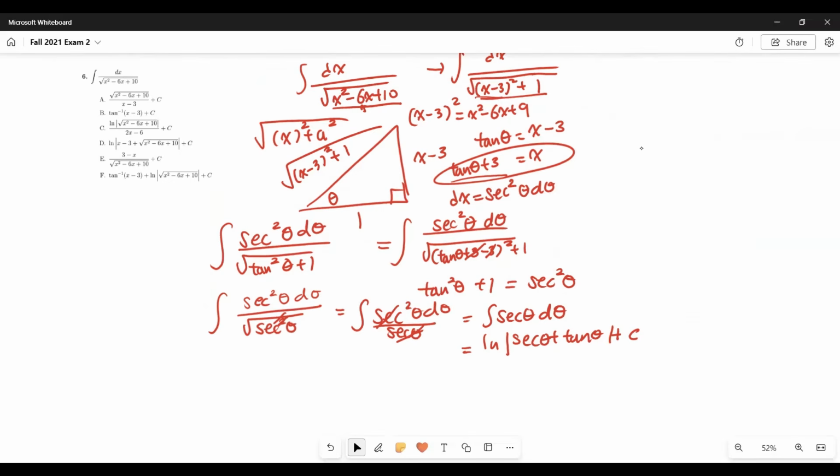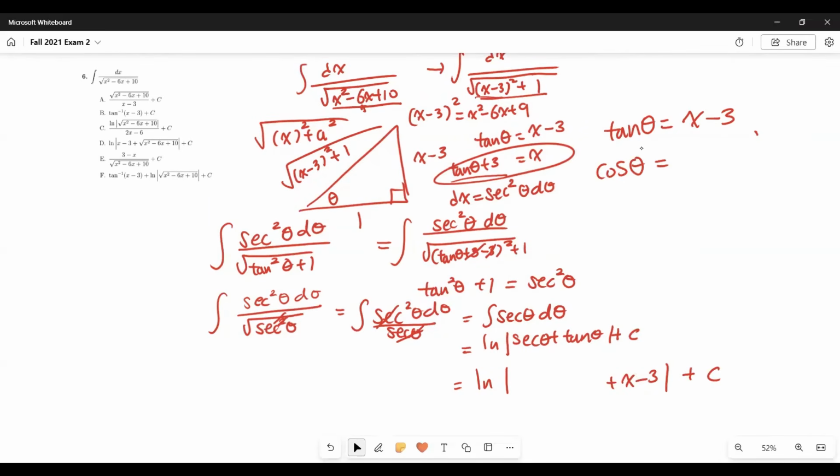And now what we have to do is find the secant theta value and then plug it in. So let's find the tangent theta first. Tangent theta is just x minus 3, right? Okay, we have ln something plus x minus 3 plus c. And then for secant theta, let's find the cosine theta.